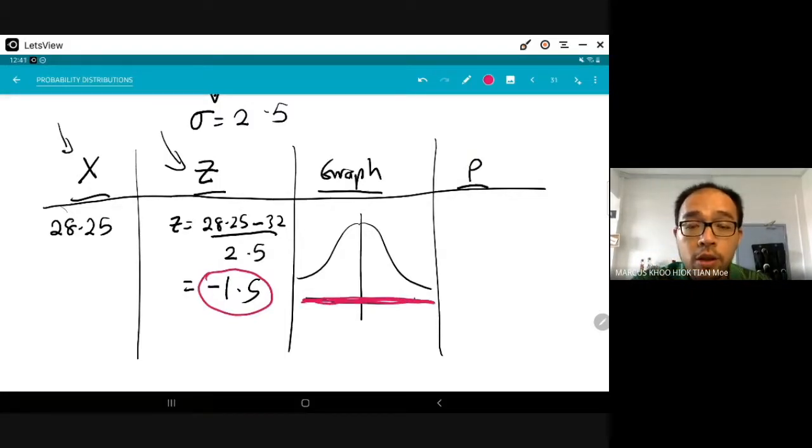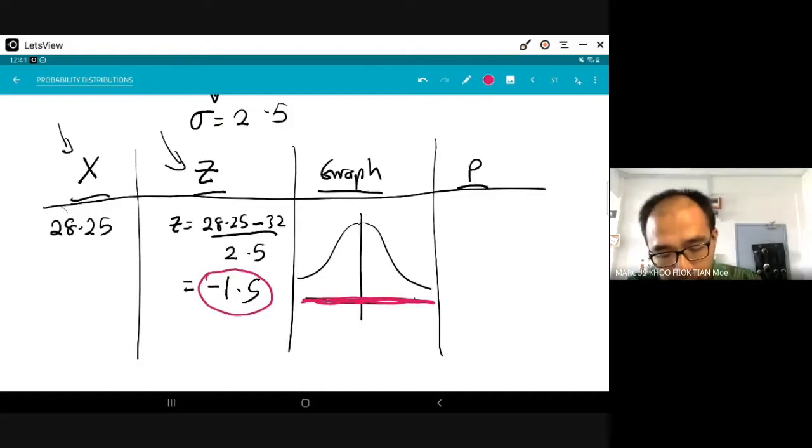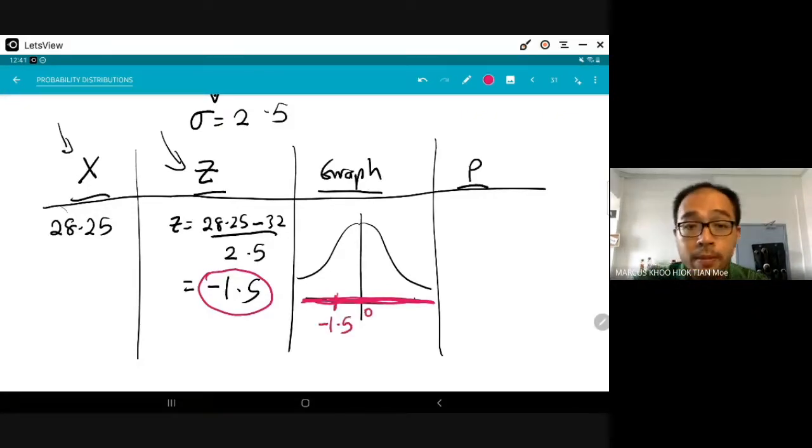Now the problem is, is negative 1.5 on the left side or the right side? Logic will tell you that since this is 0, negative 1.5 will be here. Then you draw. Then the question is, which side do we want to shade?